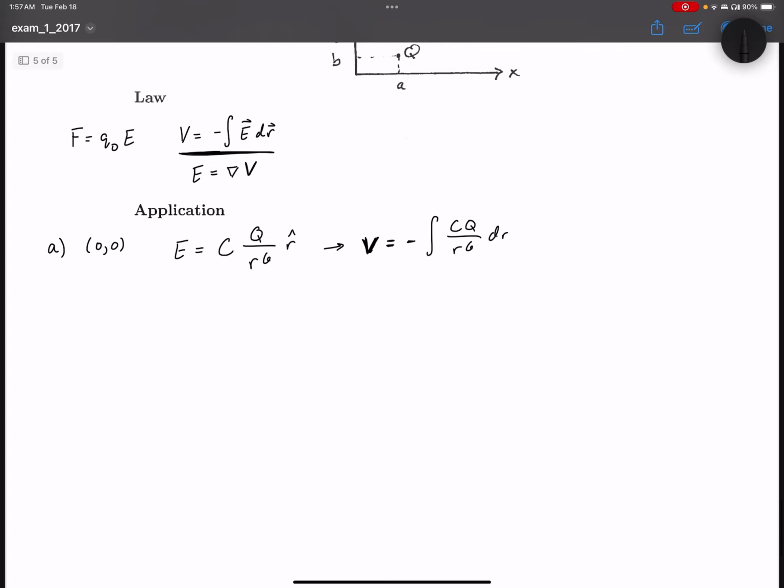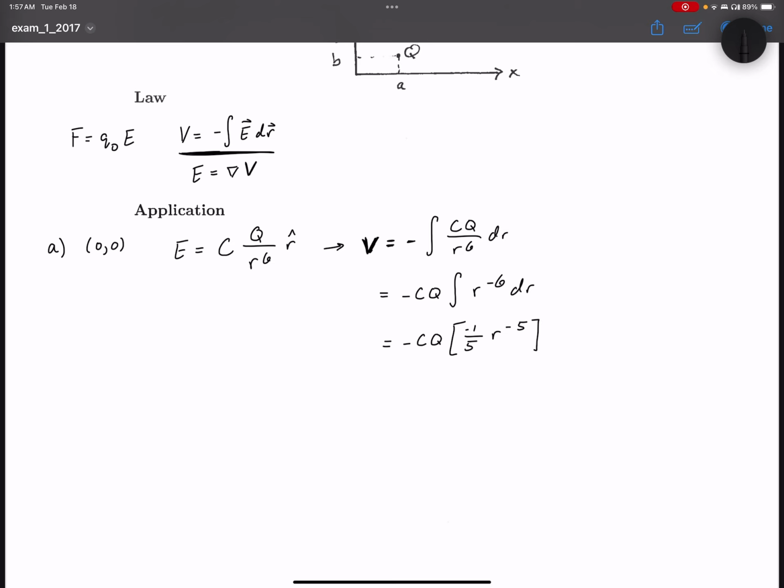We can take out negative CQ, and then just take the integral of r to the negative sixth power. Sorry, this would be to the sixth power. We add 1 and divide by the new number, so we have negative CQ, open bracket, 1 over negative 5 times r to the negative fifth power.